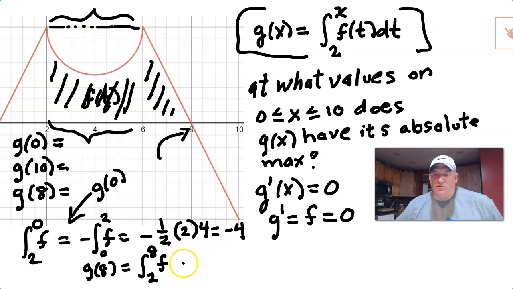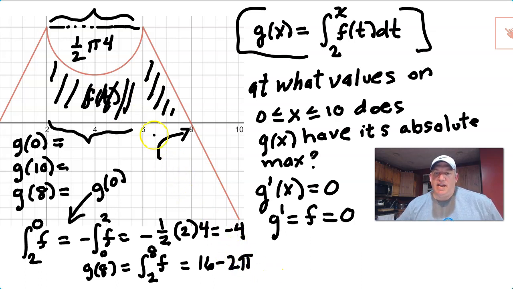So a 4x4 square gives me 16, and then minus the semicircle, which would have an area we need to take away of 1/2 pi r squared. It looks like the radius is 2, so we're going to have half of 4 pi, which is 2 pi. How about 16 minus 2 pi?